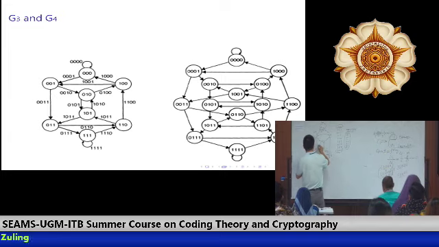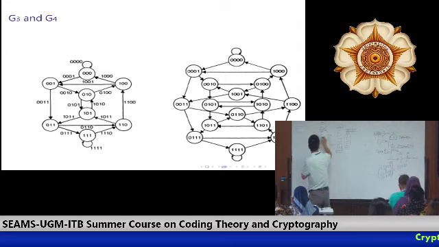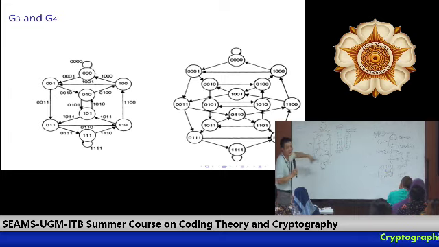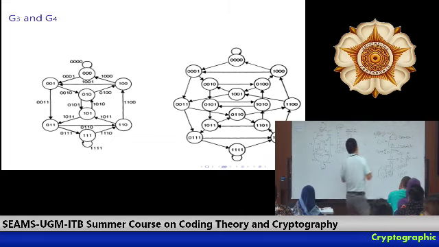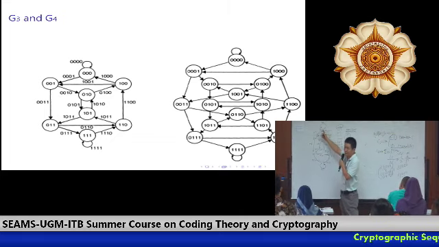And this one be 1, 0, 1, 0. This is 1, 0, 1, 0, 1. And this one be 0, 1, 0, 0. This will be 1, 1, 0, 0. And this one be 0, 1, 1, 0, 0. This will be 1, 0, 0, 0. Oh, 16 edges.